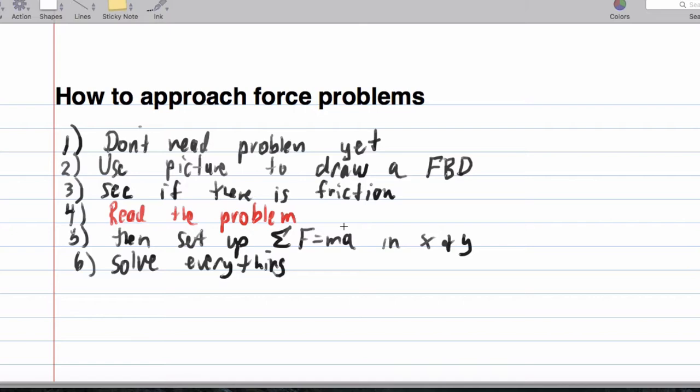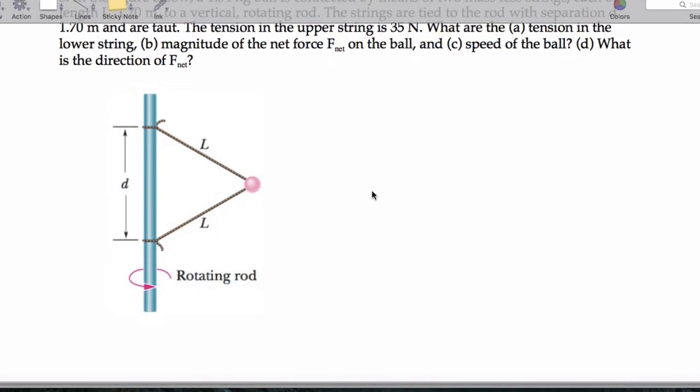Okay? That's the approach we're going to use on problem number 3.